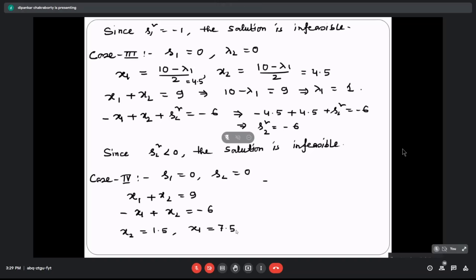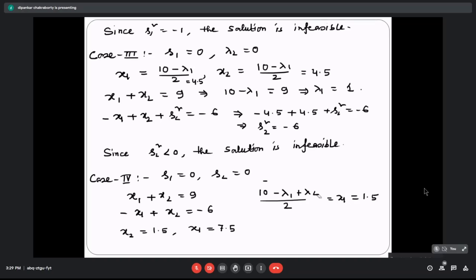So now we are going to find out the value of lambda 1 and lambda 2, the most important thing. We get them by considering the relation 10 minus lambda 1 plus lambda 2, divided by 2, which is equal to x1, and x1 we found as 7.5.